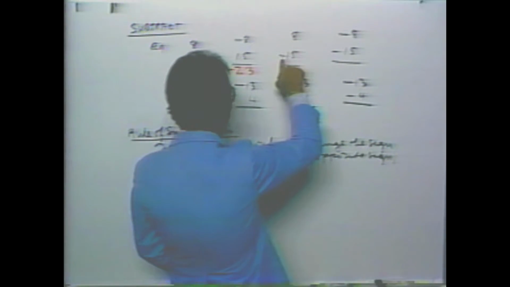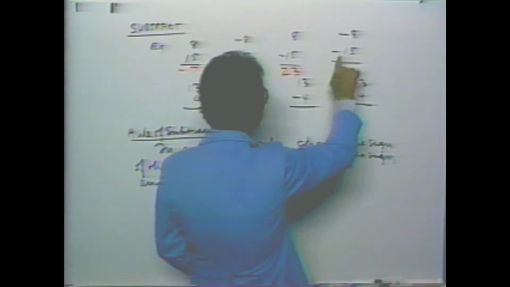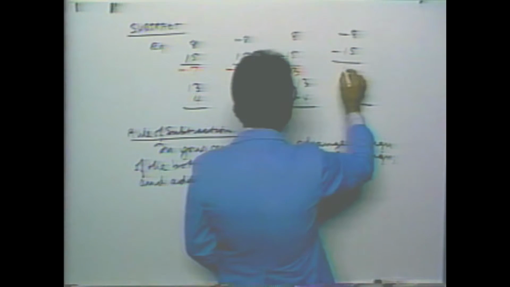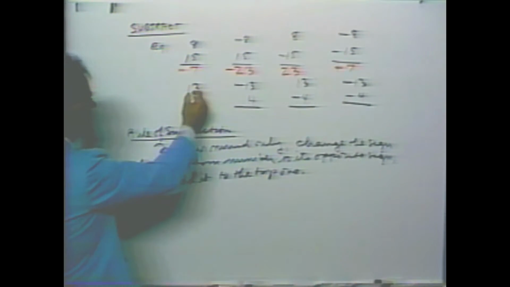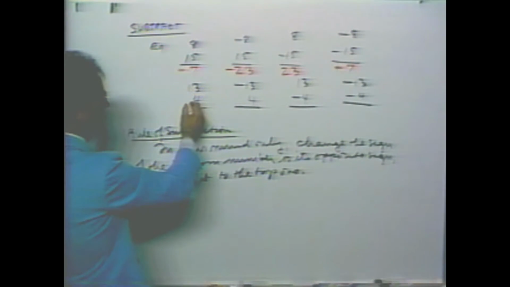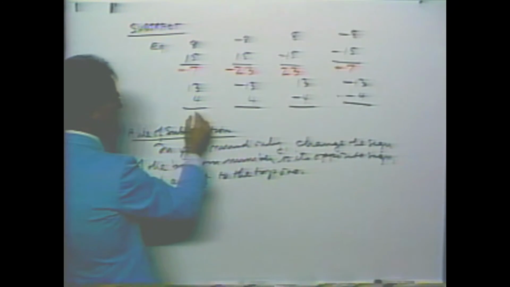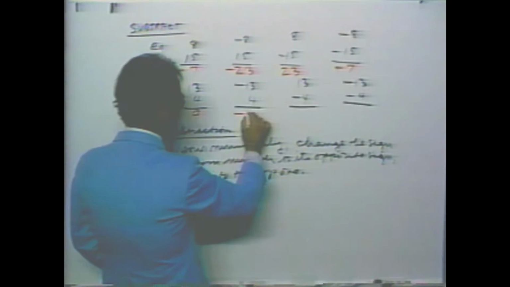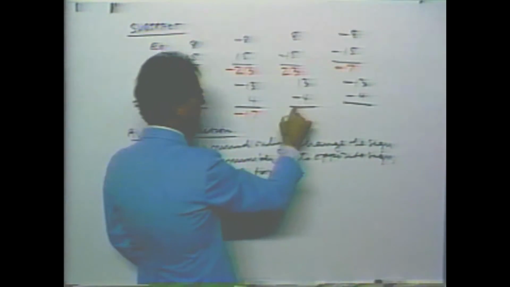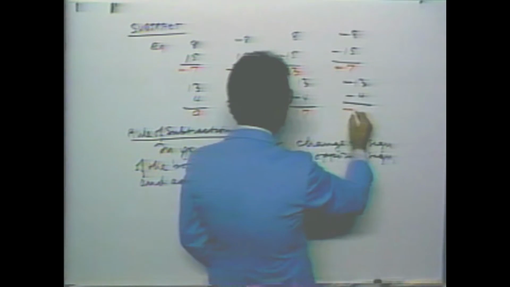If you change the sign here and add, you have plus 15 and plus 8 is plus 23. If you change this one to positive 15 and add, the answer is positive 7. Here, if you change this to a minus 4 in your mind and add, the answer is 9. Here it'll be minus 17. Here it'll be plus 17. And here it'll be minus 9.